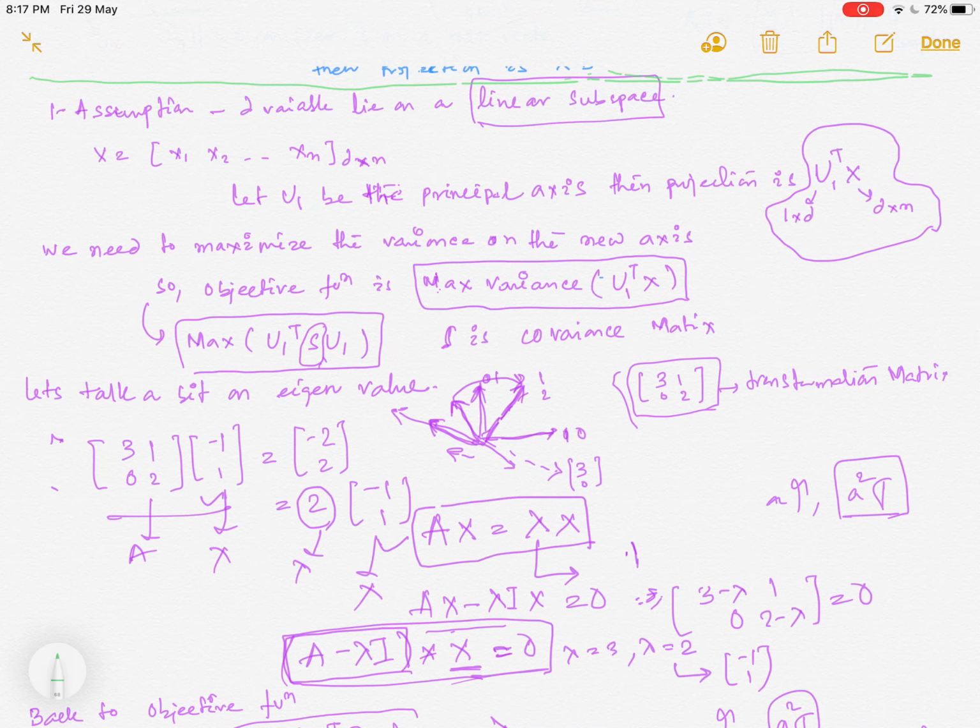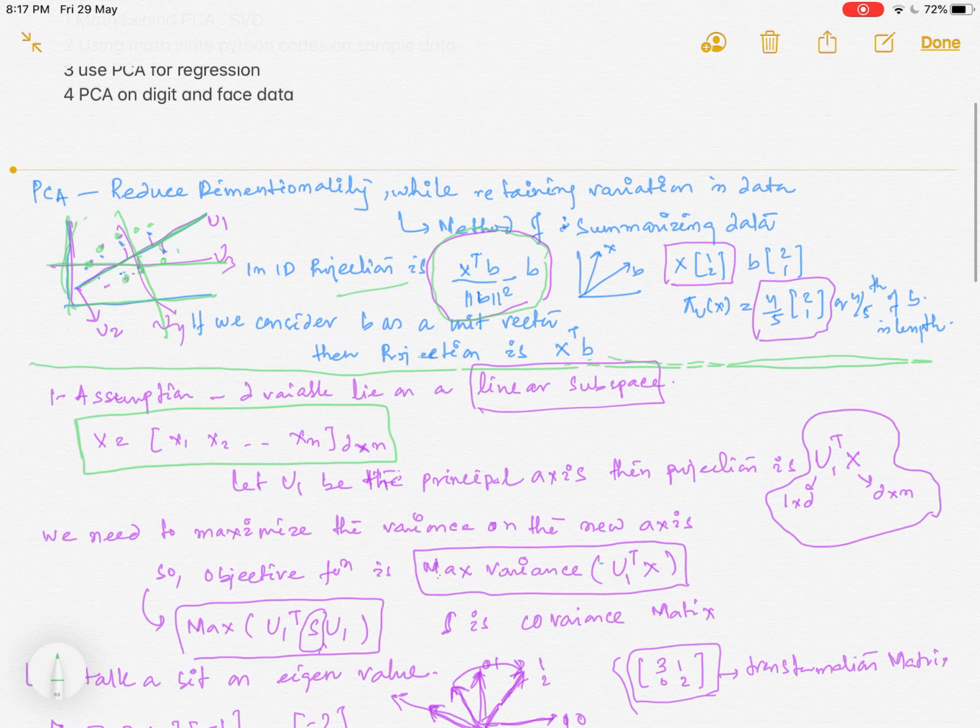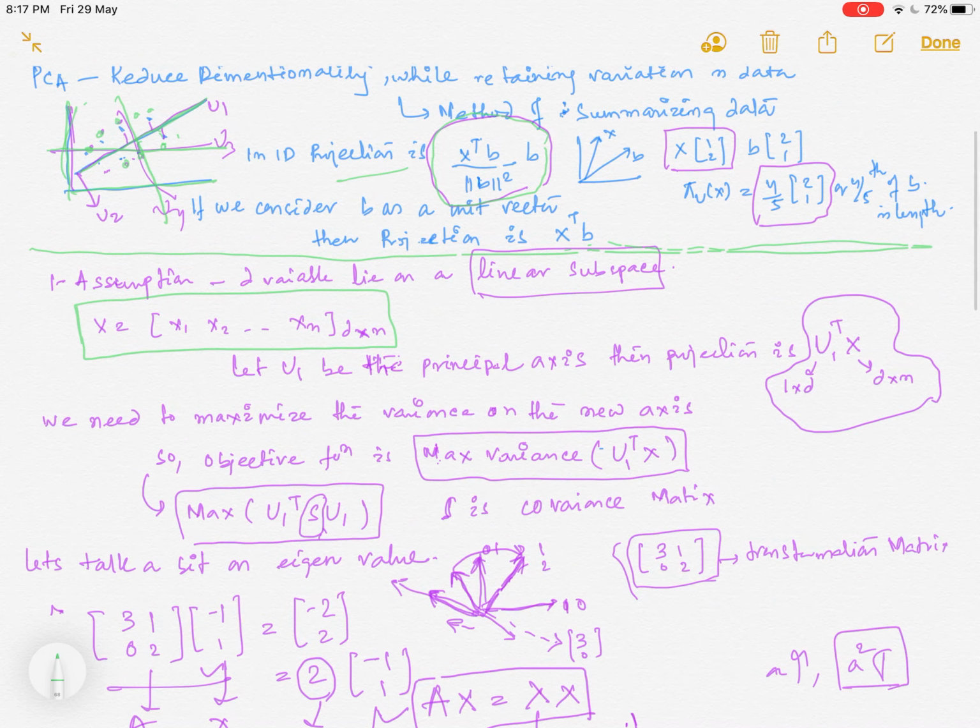Let x be a matrix of d cross n dimension. We need to find one principal component or one axis where we will project these x points and at the same time maximize the variation in the newly formed axis.